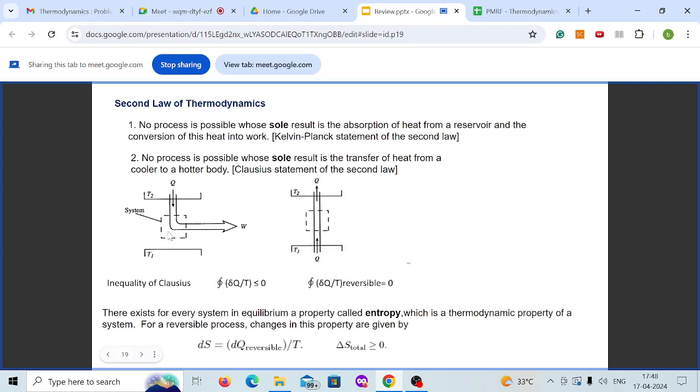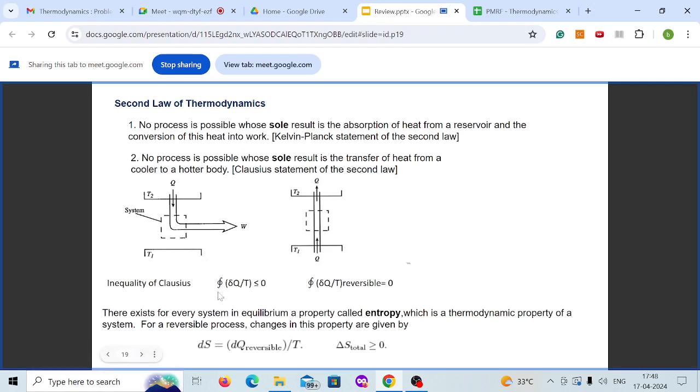So then the second law of thermodynamics was invented. For example, you have a hot cup of tea and it gets cold, but you cannot make it hot again. So you need a property which says whether that process can happen or not. That was done by the second law of thermodynamics.